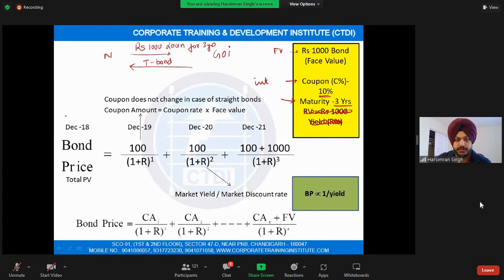Suppose today is December 2018. You have given a ₹1,000 loan to the government. After 1 year, December 19, the government will pay you ₹100. In December 20, the government will pay you 100 again. And in December 21, the government will pay you 100 and return your ₹1,000.